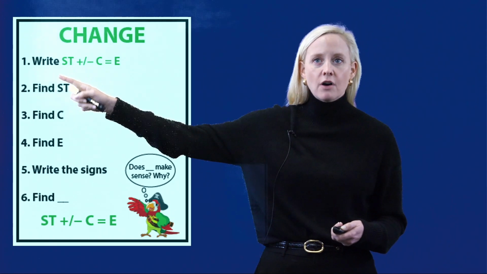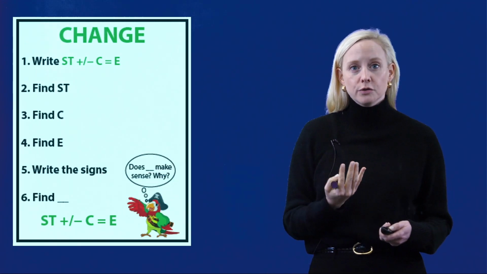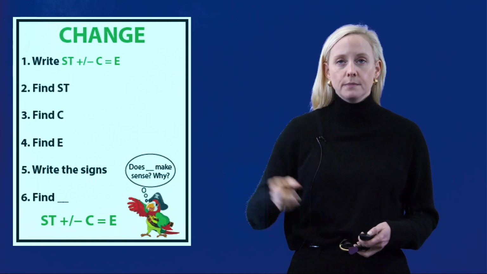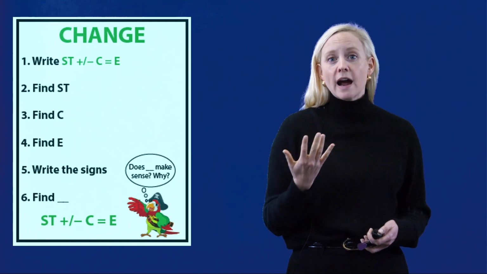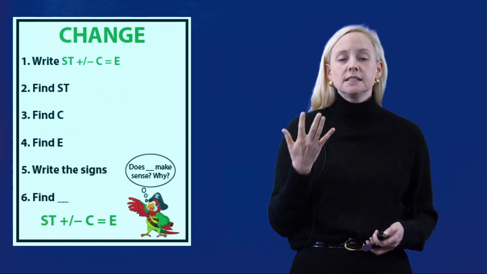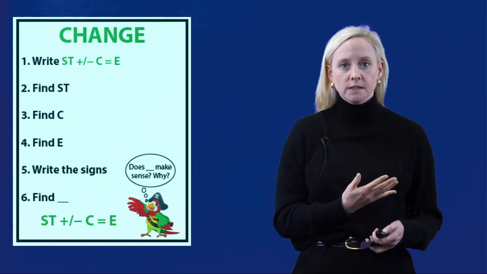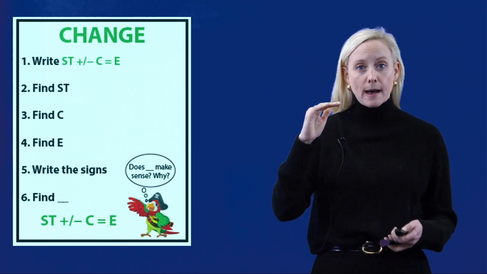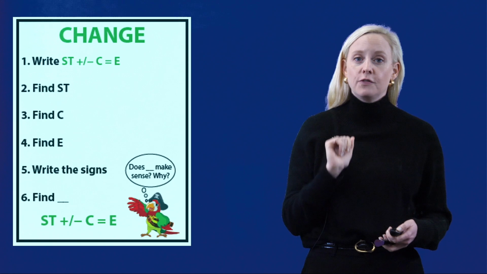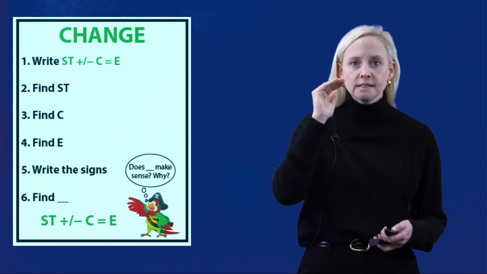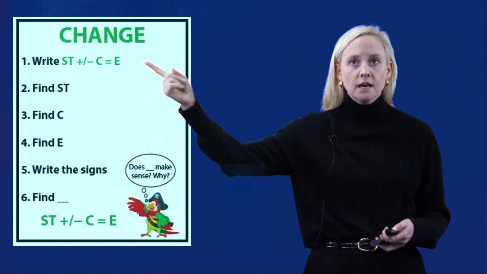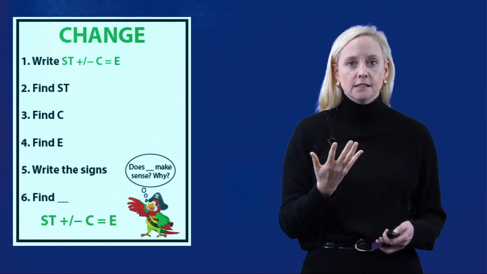So here we have all the different steps that students go through to set up and solve a change problem. Our first step is to write our change equation, which is ST plus or minus C equals E. This stands for the start amount plus the change amount if we have an increase, or minus the change amount if we have a decrease, equals or is the same as the end amount.